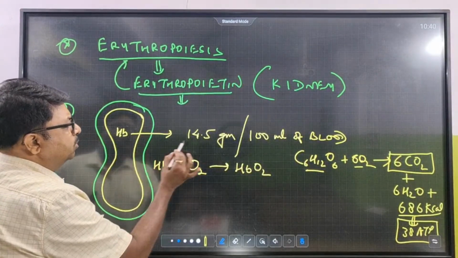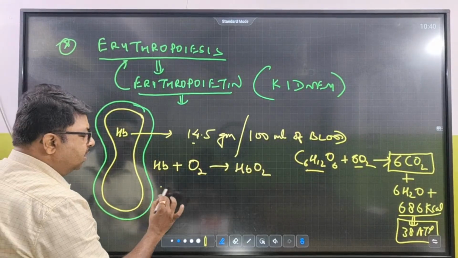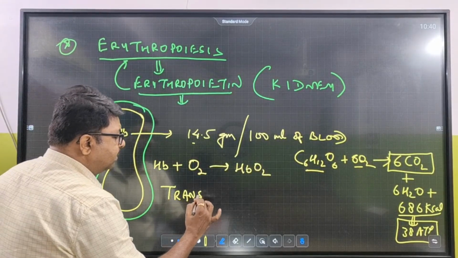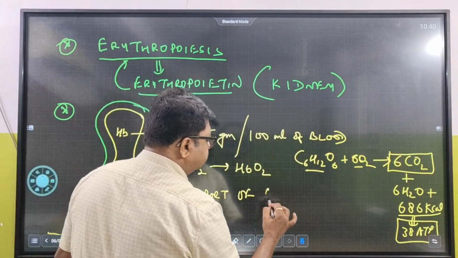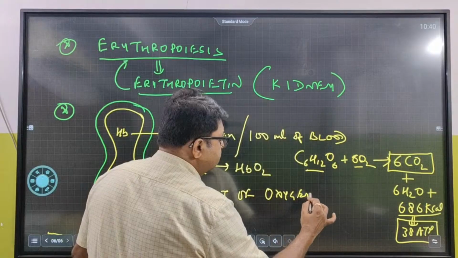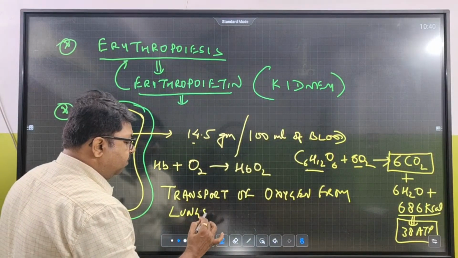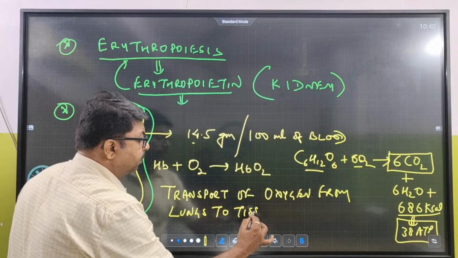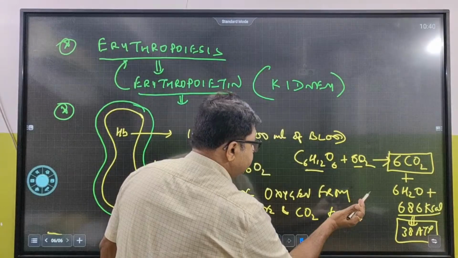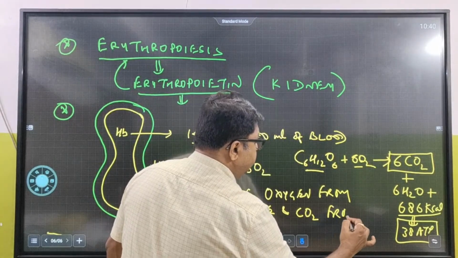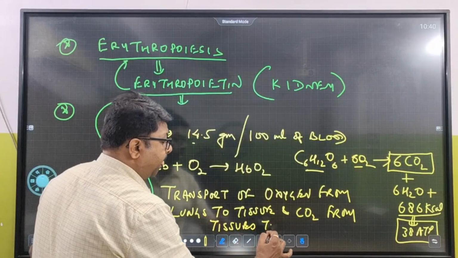So hemoglobin, as it is present hugely inside RBC, helps in the transport of oxygen from lungs to tissues, and carbon dioxide from tissues to lungs. Clear?